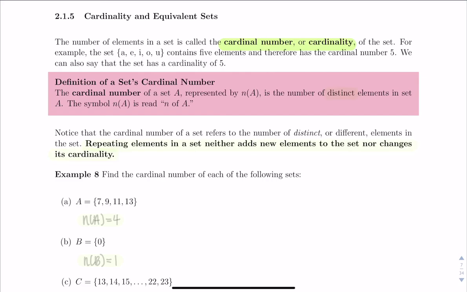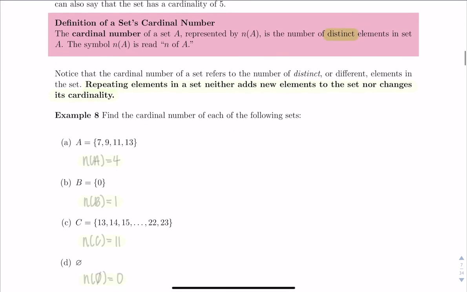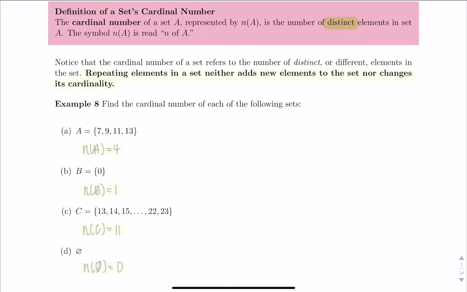So the cardinal number of a set A, represented by n of A, is the number of distinct elements in a set. And so the distinct part is very important, which means they have to be different. So repeating elements in a set neither adds new elements to the set nor changes its cardinality. So if you have a repeat of a number, you don't count that in the cardinal number.